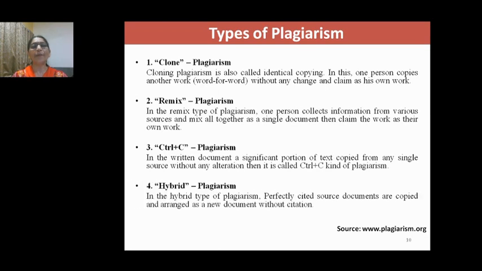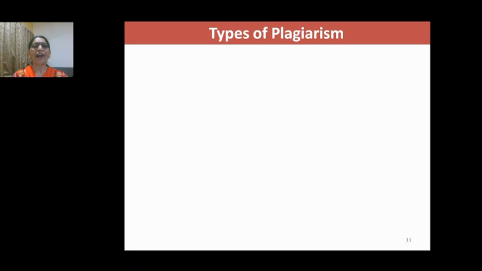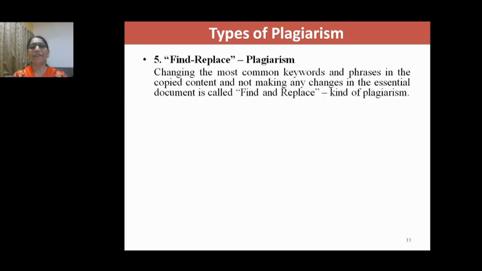And the fourth type of plagiarism is hybrid. In this type of plagiarism, perfectly cited source documents are copied and arranged as a new document without giving the citation. And next, the fifth type of plagiarism is find and replace.